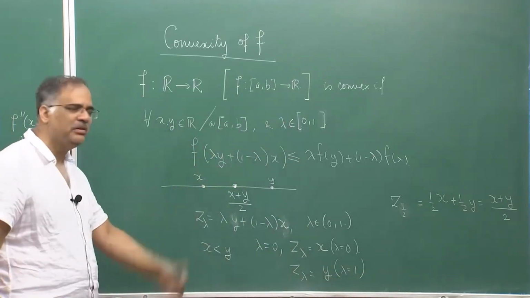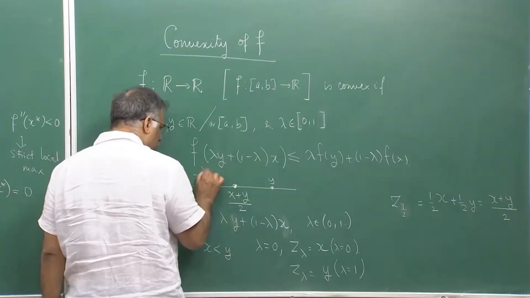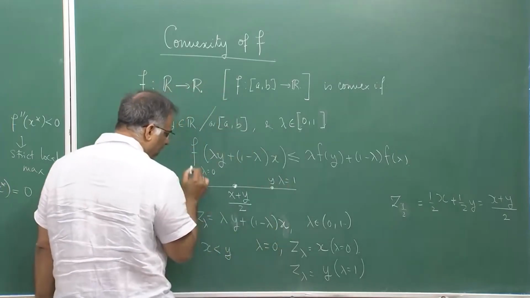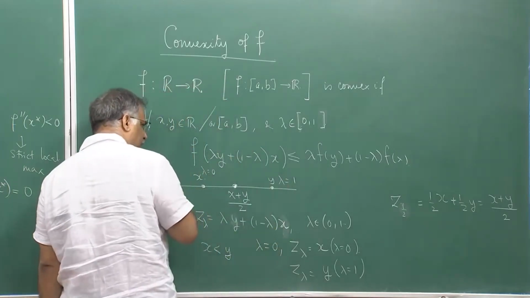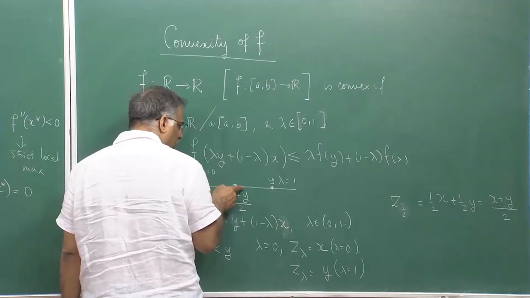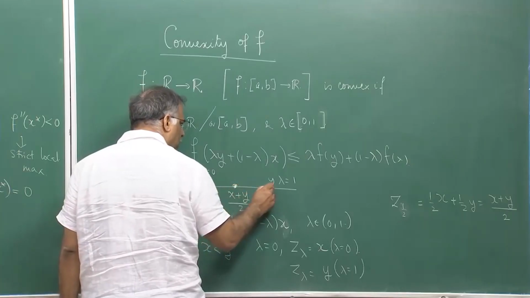So, you can immediately see from intuition that this x corresponds to the point lambda equal to 0, and this corresponds to the point lambda equal to 1. So, if I move lambda from 0 to 1, the z lambda points are all the points which are lying between x and y.